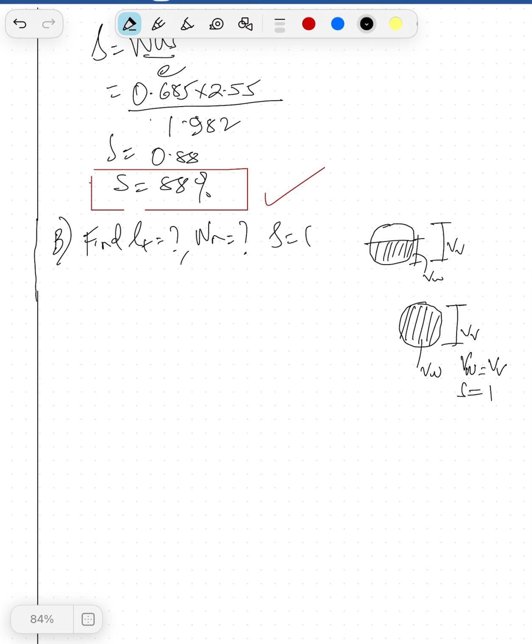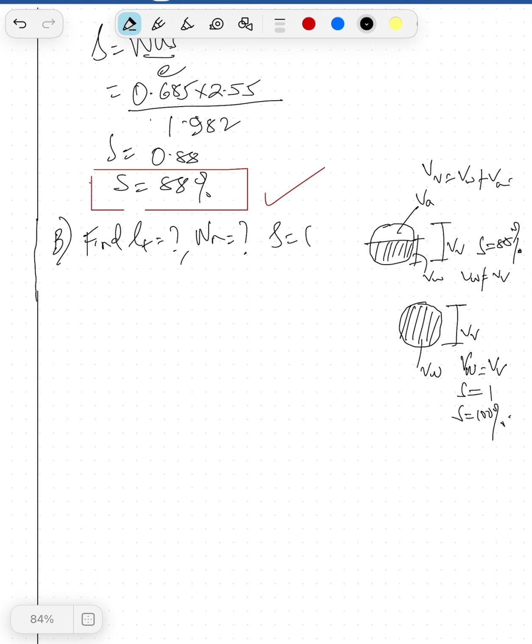Initially, this is for S equals 88%, and this is for S equals 100%. Here, the volume of water is not equal to the volume of void because we still have a volume of air. In this case, the volume of void is the volume of water plus the volume of air. That is the difference. Now we are informed that saturation equals 100%.